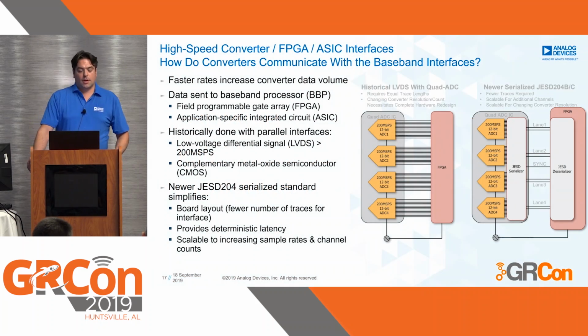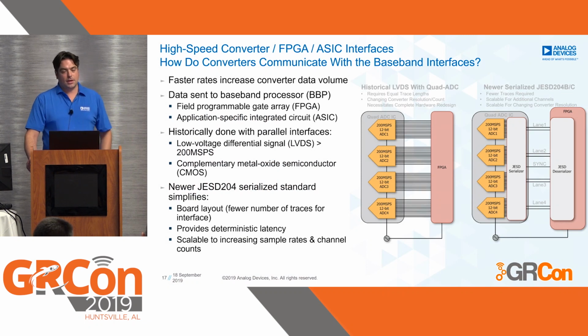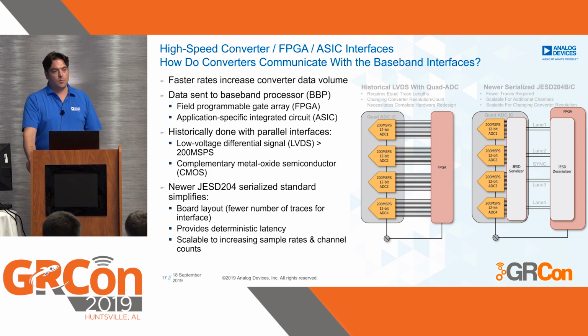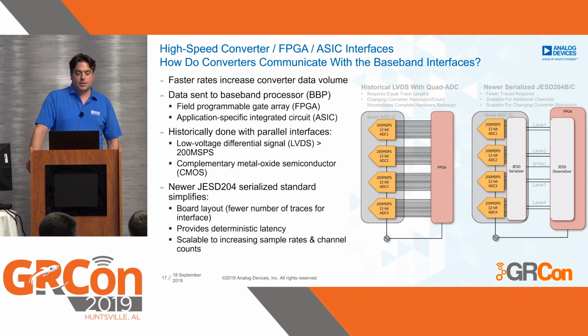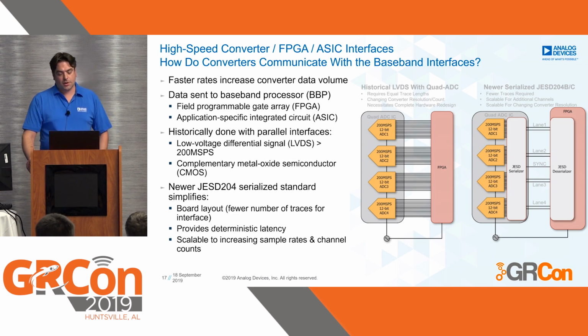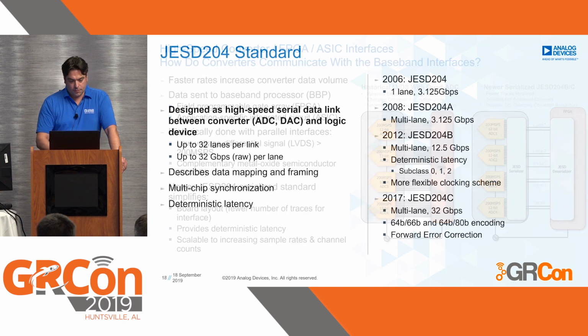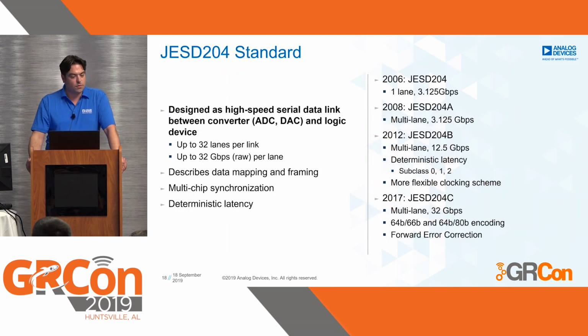First of all, traditionally LVDS parallel interfaces have been used between converters and FPGAs. As the number of channels increases, this becomes impractical, and if the data rates increase, you're limited by the electrical signaling. So newer converters use a high-speed serial interface using the JESD204 standard. What is the JESD204 standard?